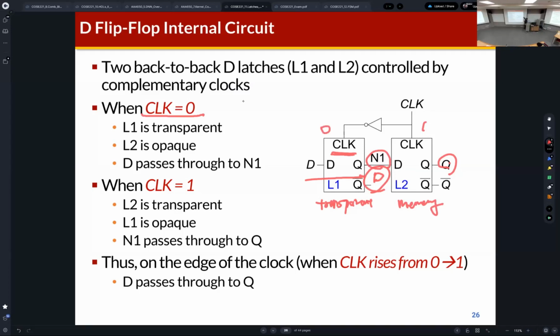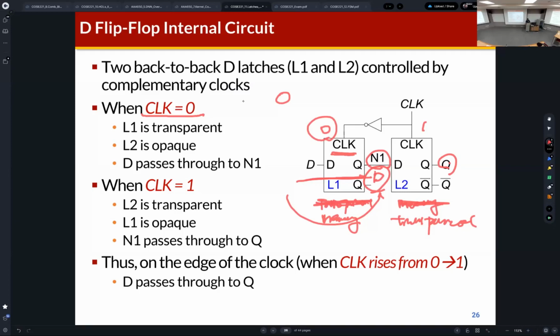So when the clock is changed, this becomes the memory, and this becomes transparent. During the time the clock signal is 0, D is transferred to N1.